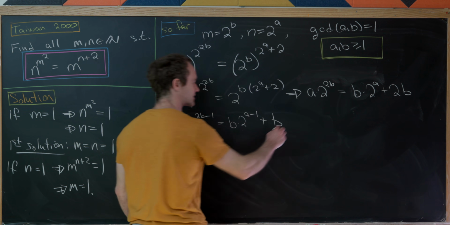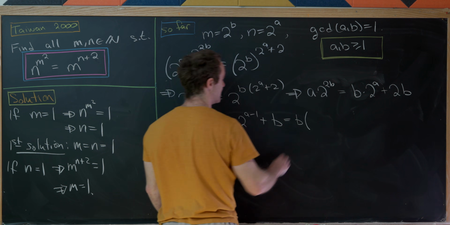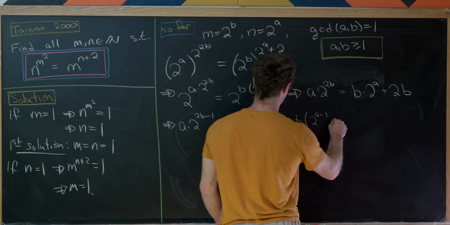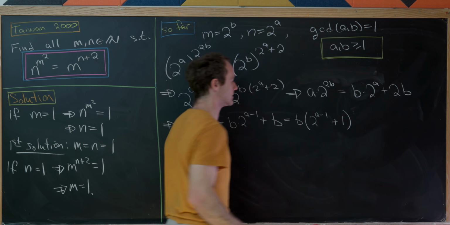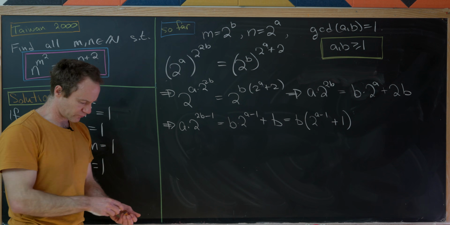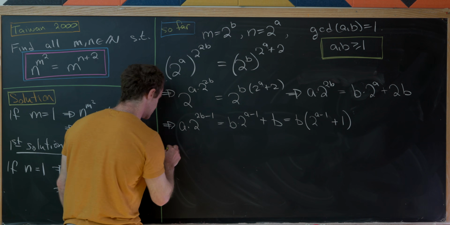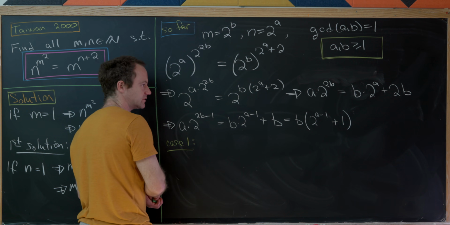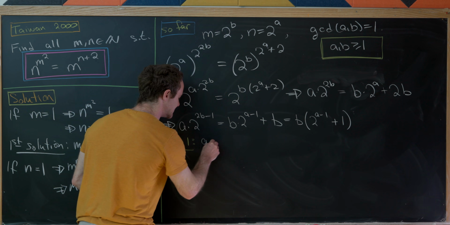But now let's factor this right-hand side. We can factor a b out, and that'll leave us with 2 to the power of a minus 1 plus 1. Okay, now we're going to break this into a couple of cases. So let's look at case number 1. So case number 1 is a is equal to 1.